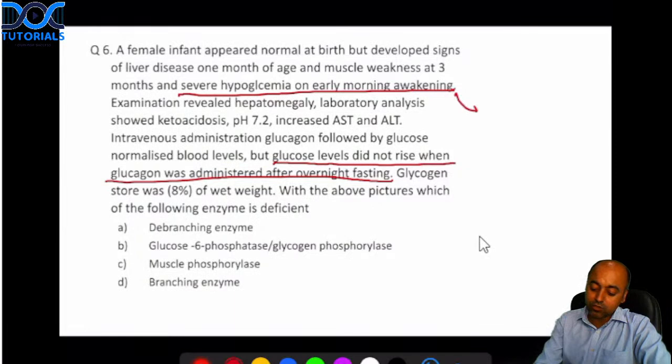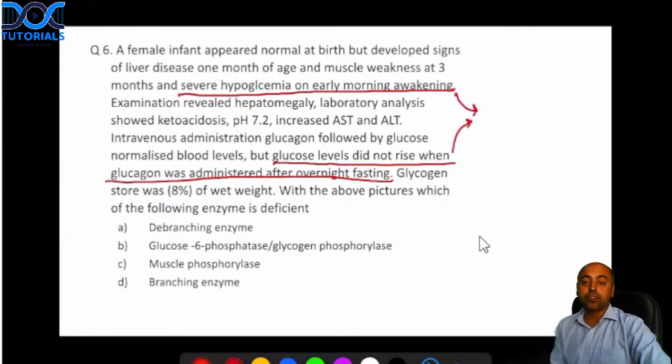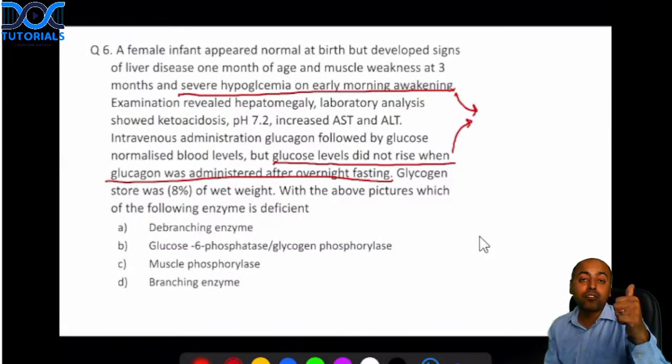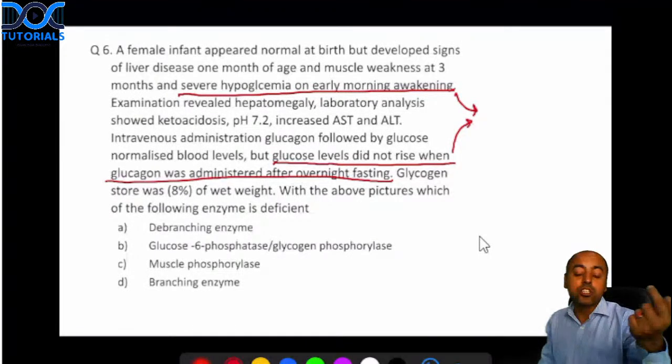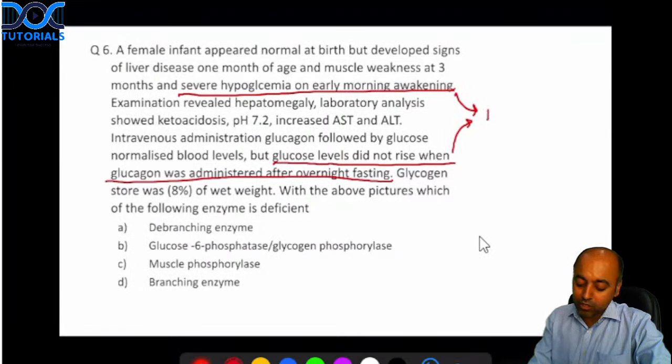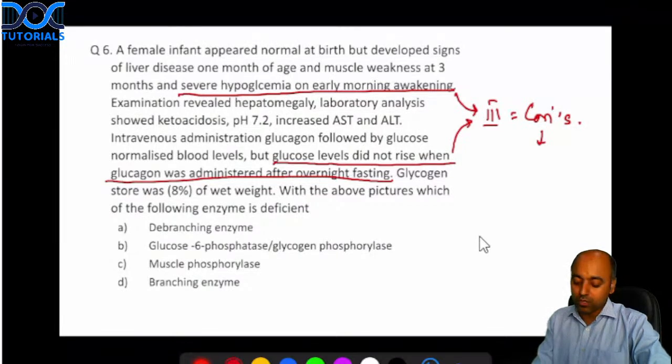When you see these two statements in the question, hypoglycemia after overnight fasting which does not respond to administration of glucagon, you have to think about type 3, that is Cori's. And like we said, in Cori's the deficient enzyme is the debranching enzyme.